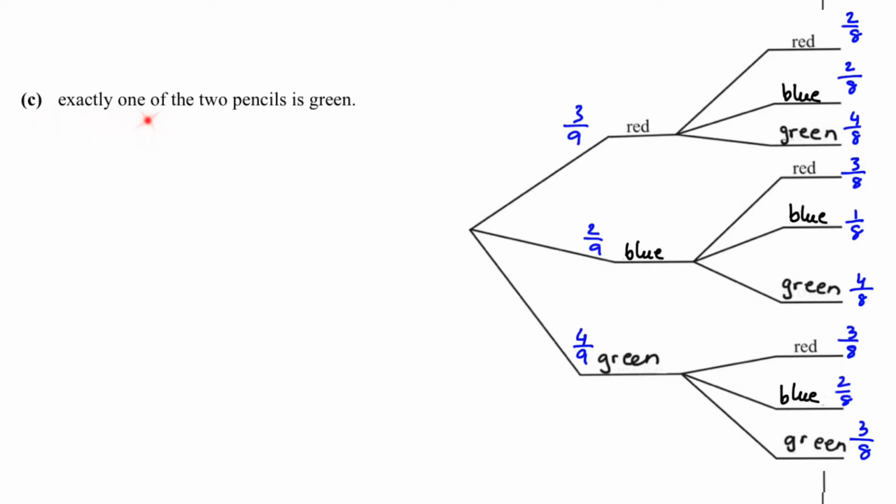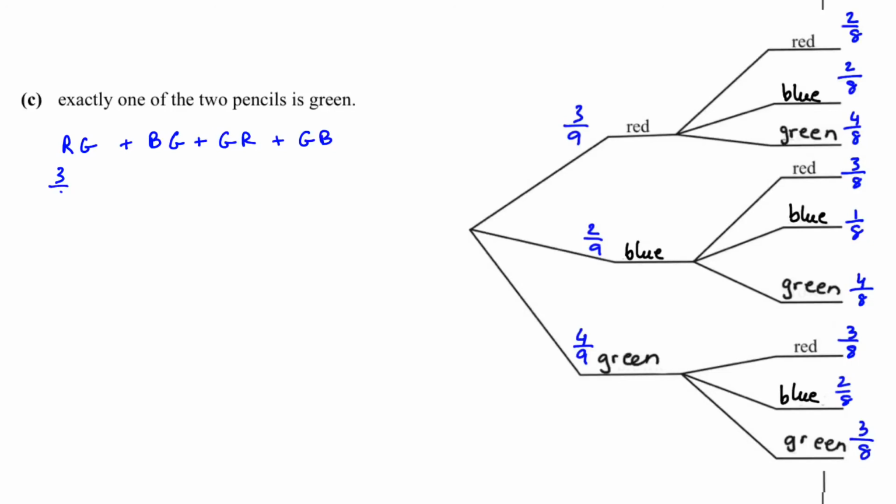In part C, we want exactly one of the two pencils to be green. It cannot be two greens, it has to be one green. So what are our probabilities? It can be red and green, or blue and green, or green and red, or green and blue. Red and green is this branch here, then blue and green, green and red, and green and blue.